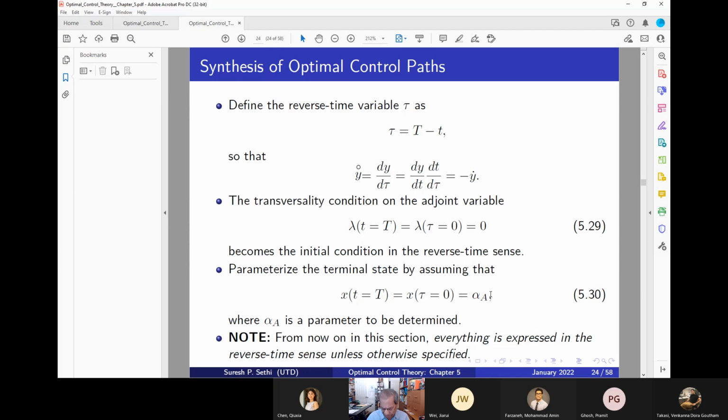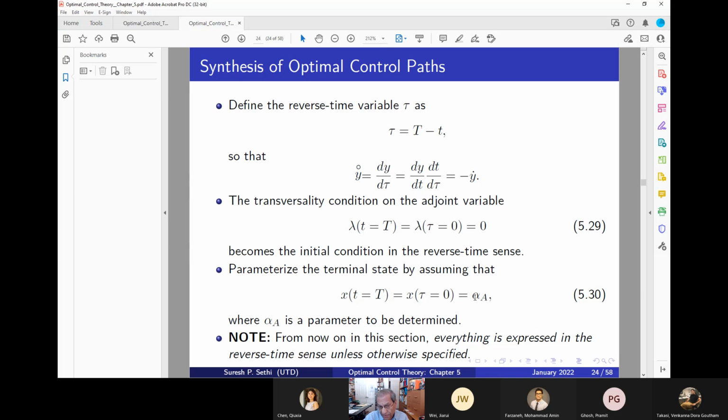So either problem, forward time or reverse time, requires that whichever value is given to you, you keep that, and the value that's not given to you, you guess it. And you keep guessing it until you get the end points right.